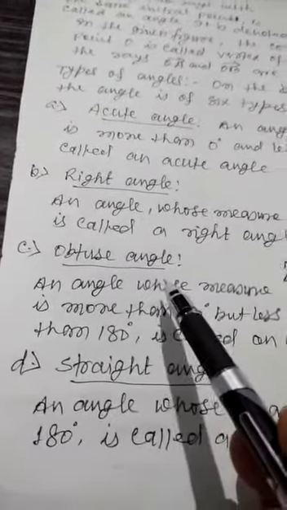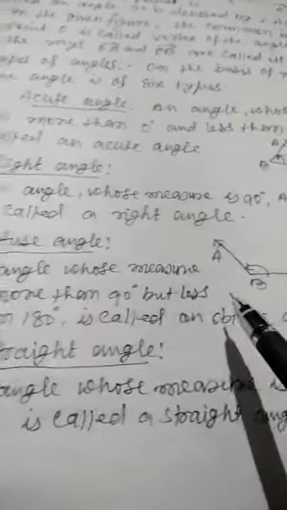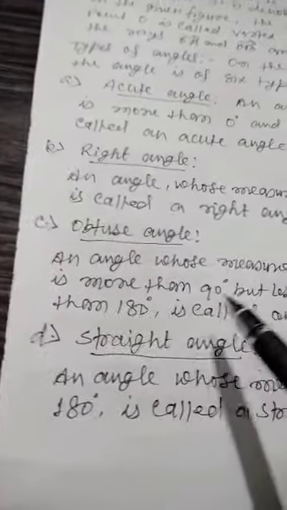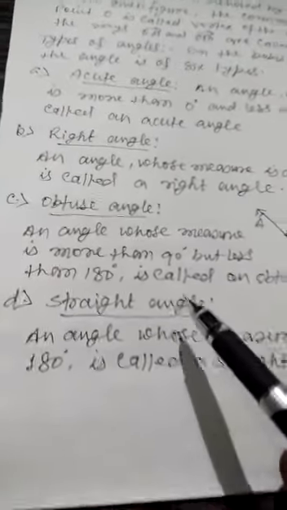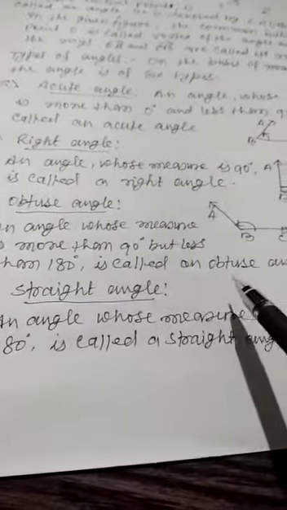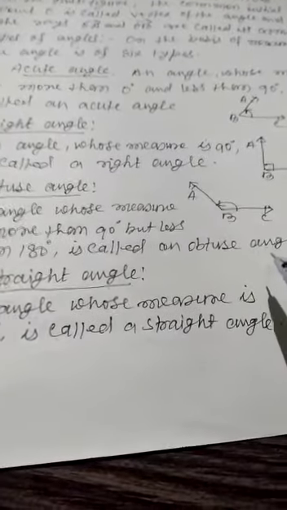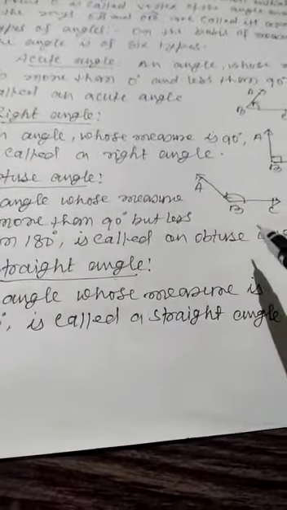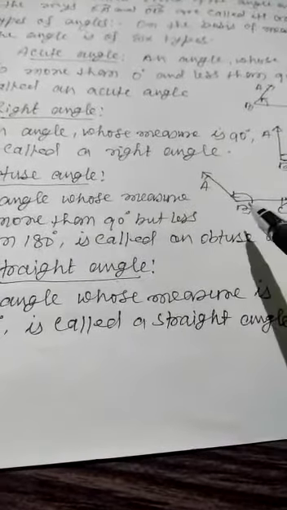Third, obtuse angle. An angle whose measure is more than 90 degree but less than 180 degree is called an obtuse angle.